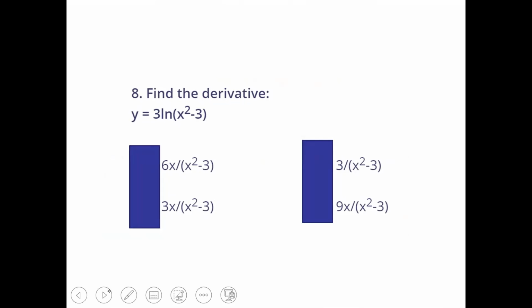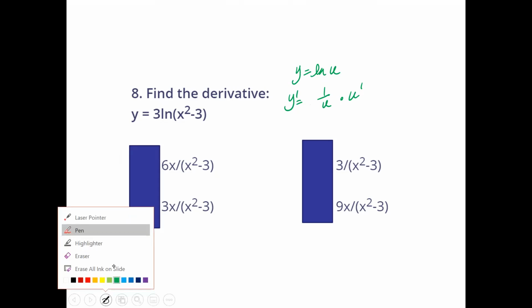All right, so let's continue on with this. Find the derivative. For this one you're going to use the ln u formula again. So y prime is 1 over u times u prime. With this one, you'll notice that there's a 3 in the front.